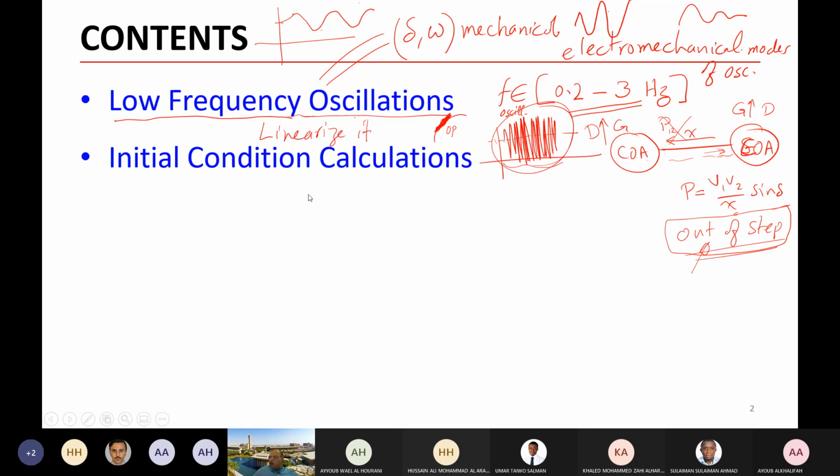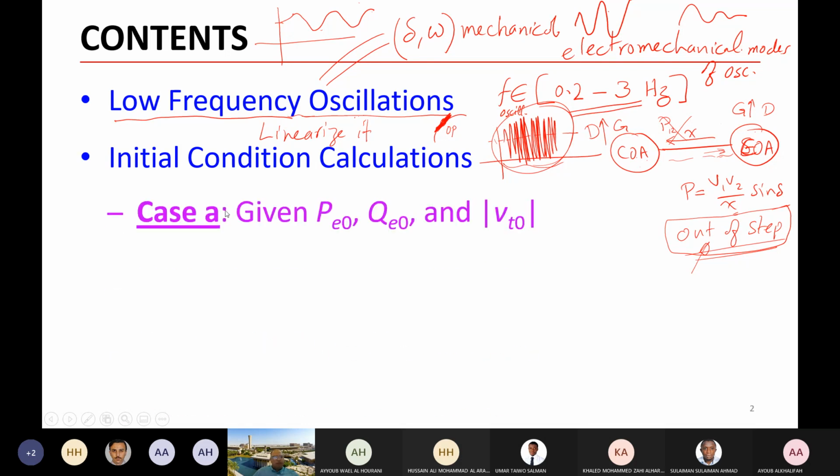We have two ways to calculate the initial condition. If you are given the electric power output of the generator, the reactive power at steady state, and the terminal voltage magnitude, you can find all the initial conditions that we need to linearize the model: VD, VQ, ID, IQ, power angle, and so on.